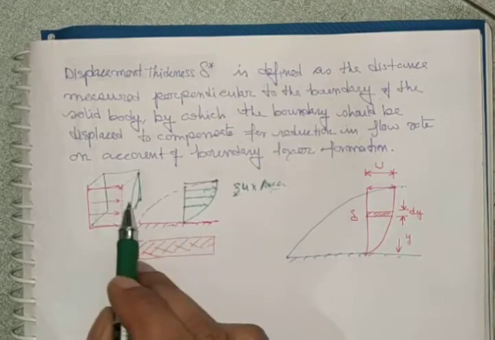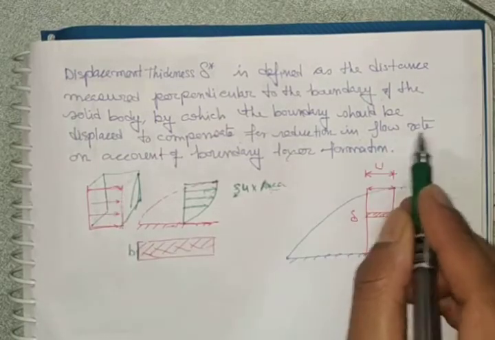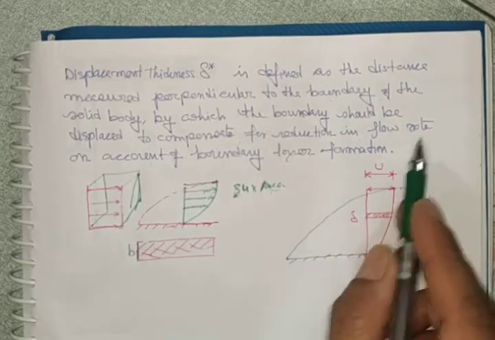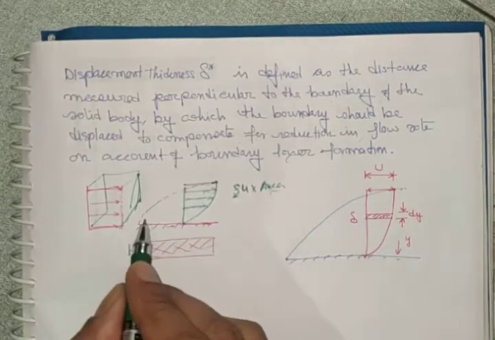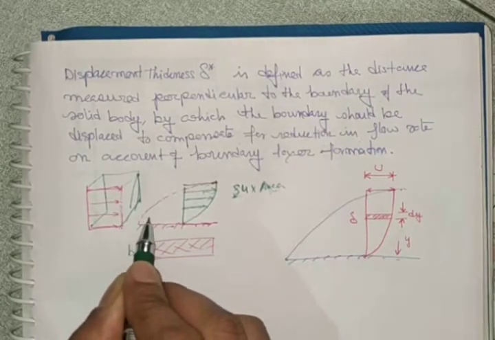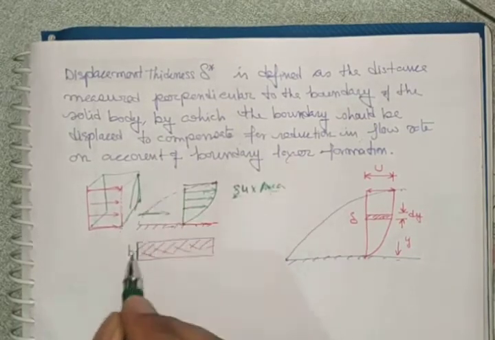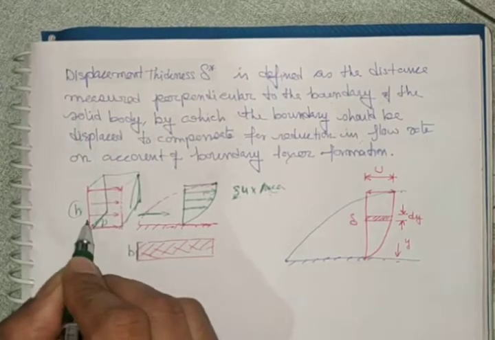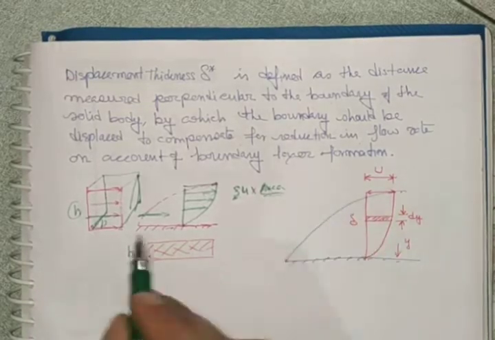So to compensate the reduction in the flow rate due to this boundary layer, we have to shift something. This is your breadth, this is your height. If you shift this portion, then area will reduce. If area reduces, then we can compensate.